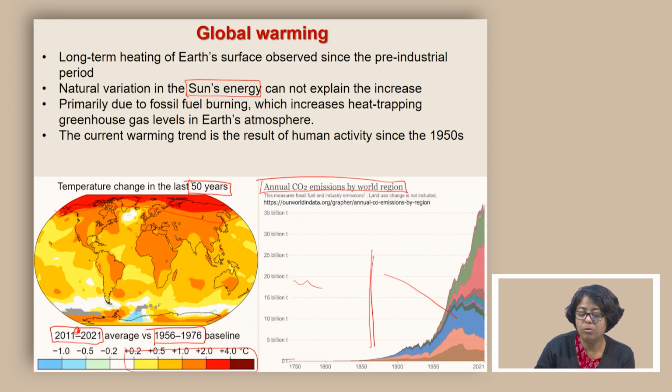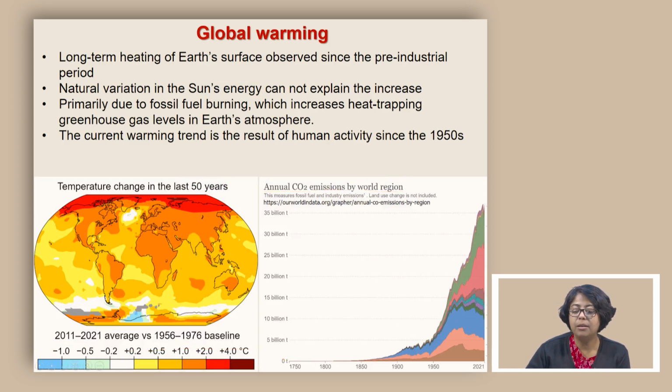So, this is a plot which shows only the carbon dioxide emission, but I think it is clearly showing the pattern that if we look at the annual carbon dioxide emission from 1750, we see a steady increase in the amount, and this corresponds to the steady increase in temperature throughout the globe.